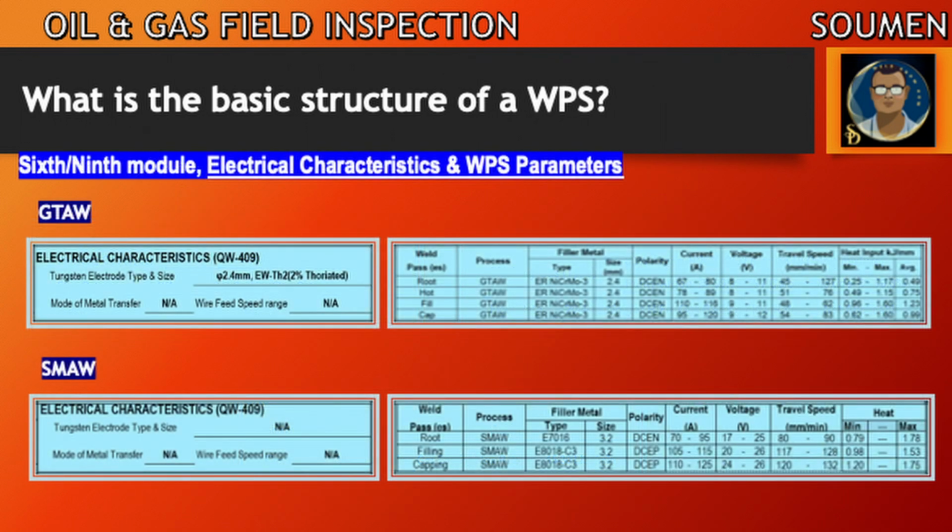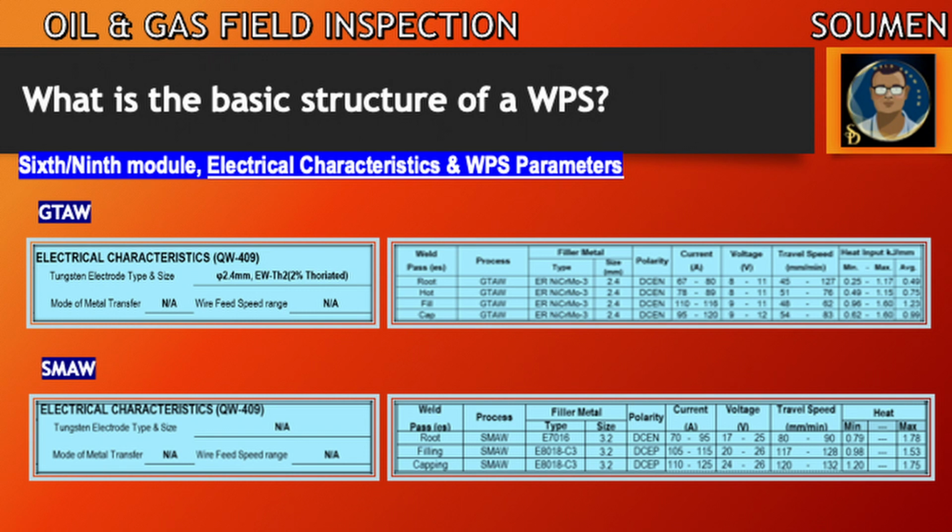Next, very important information in the WPS, which welding inspectors take care of, is whether the welder is welding within this range or not. These are the electrical characteristics and the weld parameters. During the qualification of the procedure, the pre-WPS, which I discussed in the previous video, the welding engineer gives a big range of all this data, which has to be proven by the procedure qualification record.